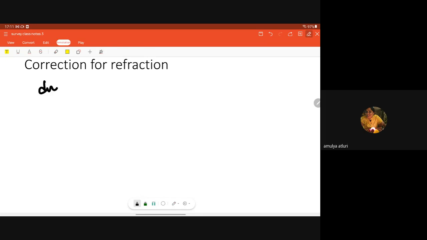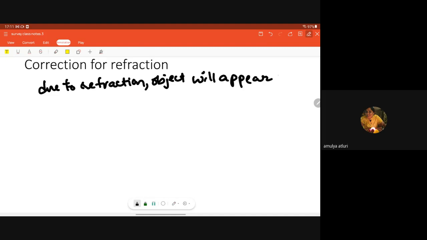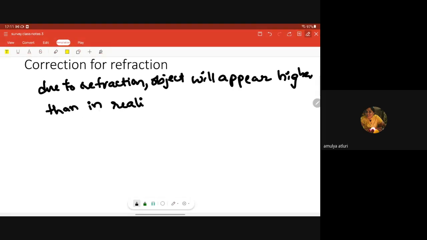Due to refraction, the object will appear higher than in reality. CR is always positive. Okay.